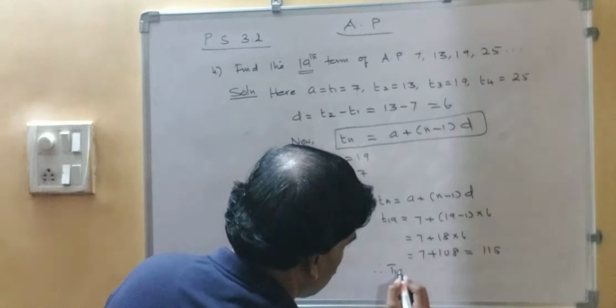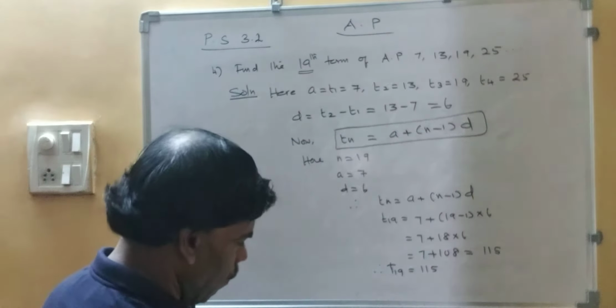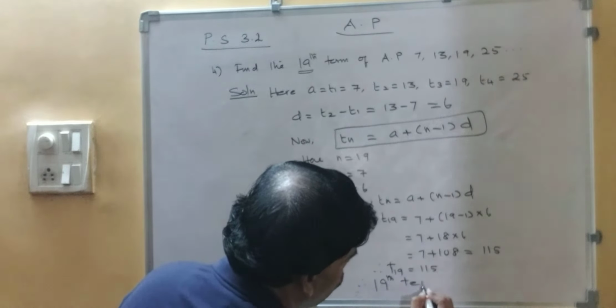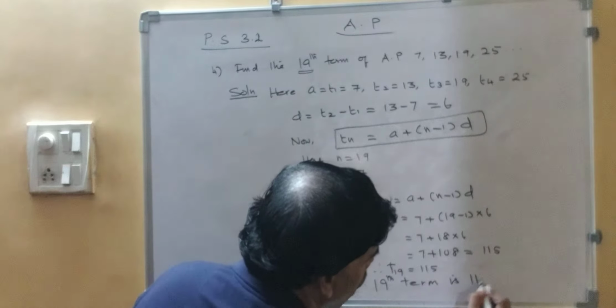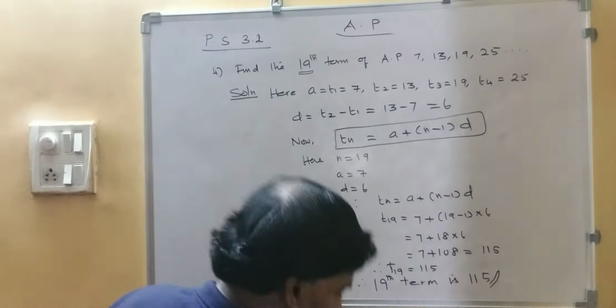Therefore, T19 equal to 115. Therefore, the 19th term is 115. That's all. Now next one.